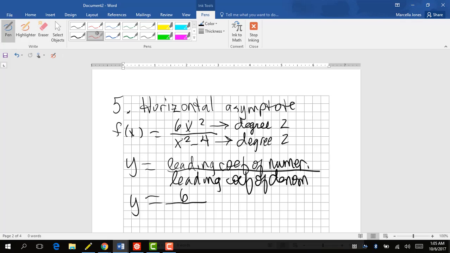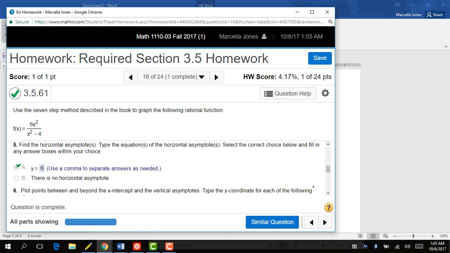There's an unwritten 1 here. That's my term with highest degree. So y equals 6 is my horizontal asymptote. I put that information into my math lab.